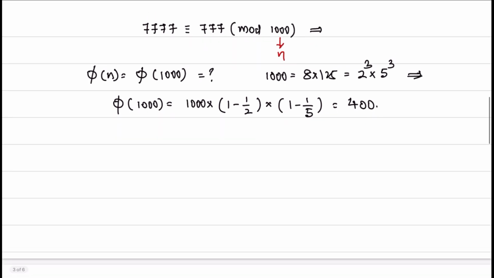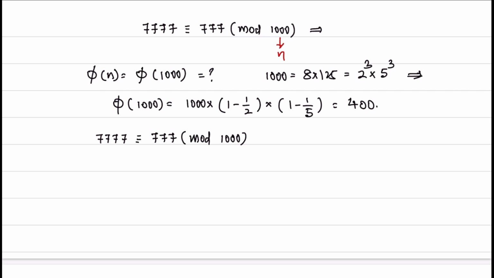That means we have already got the value 7777 equivalent to 777 mod 1000 when it is reduced to base modulo 1000.